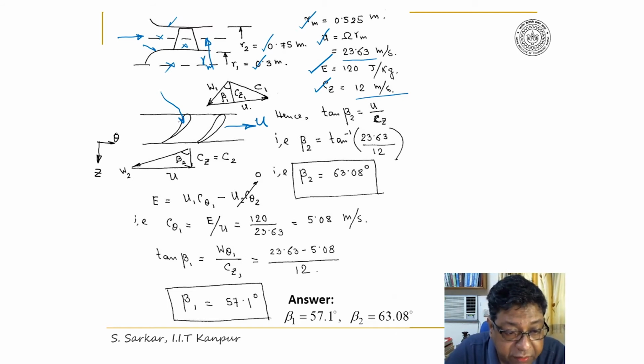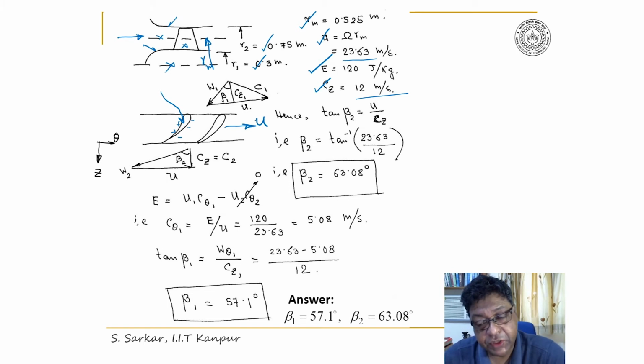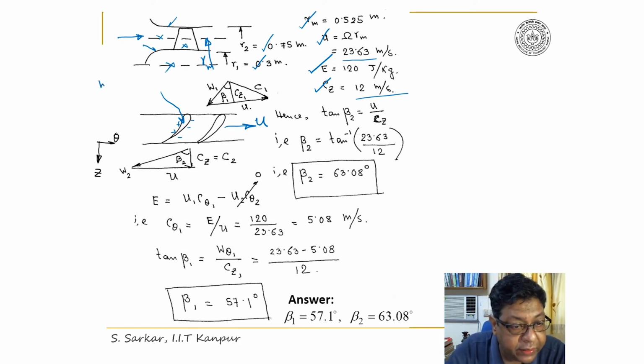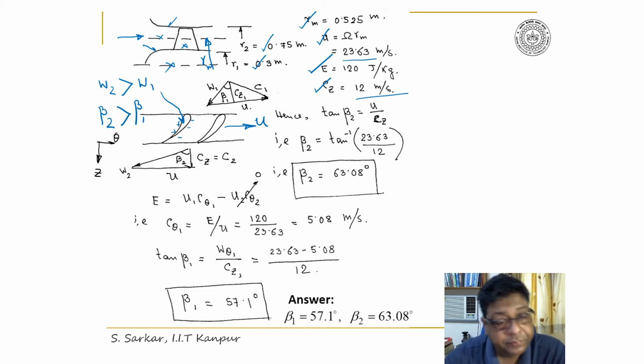So this is the pressure surface, and this will be the suction surface, right? So the energy will be extracted here from the passing fluid, and thereby the relative velocity will be accelerated, W2 will be greater than W1, and thus beta 2, the relative flow angle, will be greater than beta 1, opposite to that of the compression.